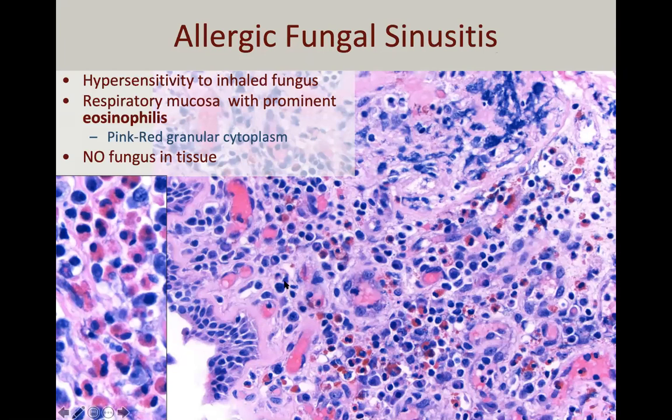Allergic fungal sinusitis is an allergic, eosinophil-rich reaction to inhaled antigens, fungal spores, yeast, whatever is in the air. Again, the fungus isn't necessarily present in the tissue, because that's a completely different story. Here we have a rich inflammatory response in the stroma that's full of eosinophils.